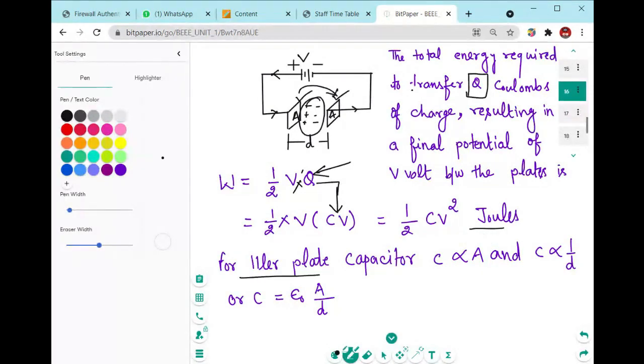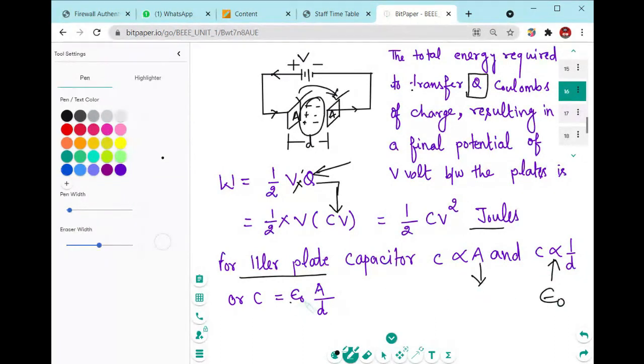In parallel plates, the capacitance C is directly proportional to A, and we can represent this with a proportionality constant, and you can write the area right here. C is proportional to the area and to 1 upon D, and we replace this proportionality constant with epsilon naught.